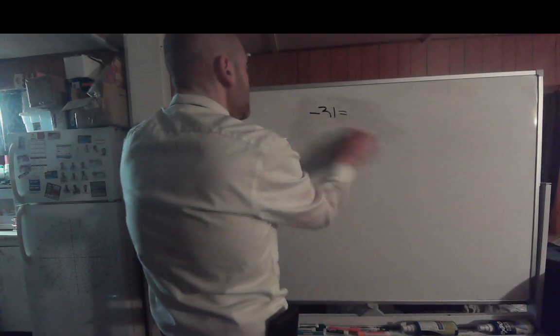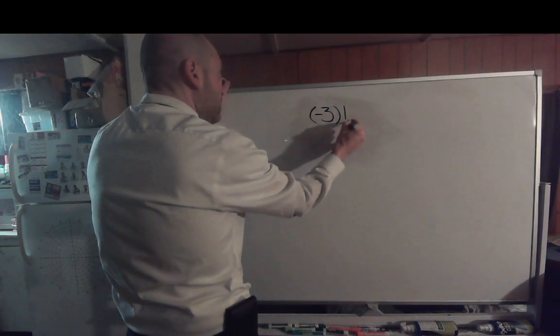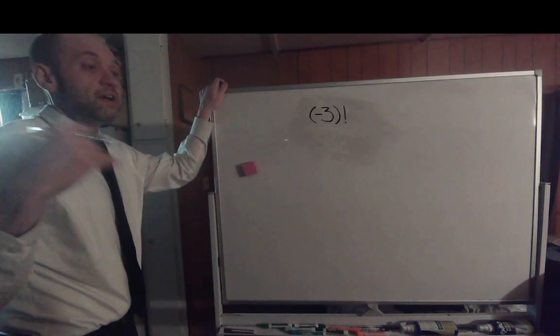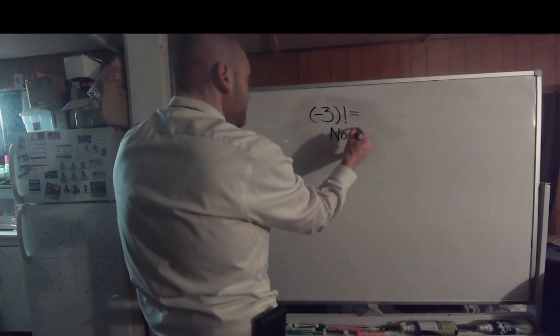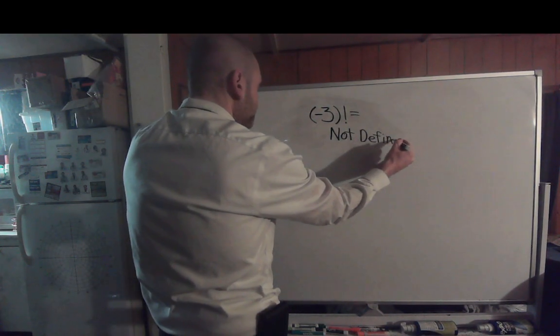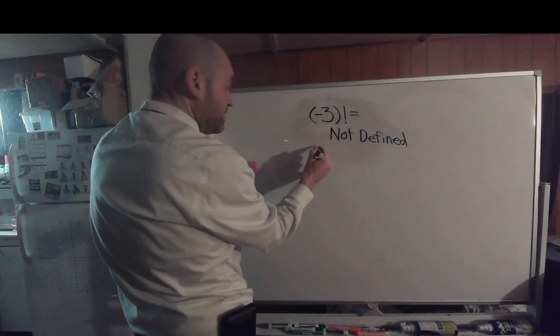Now, on the other hand, let's say I have in parentheses negative 3 quantity factorial. What happens there? Well, a factorial is not defined. It is not defined for negative numbers. A factorial will not be defined for negative numbers.